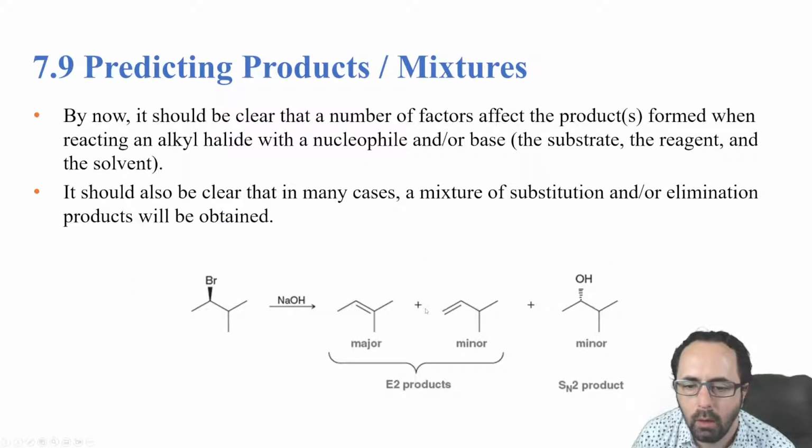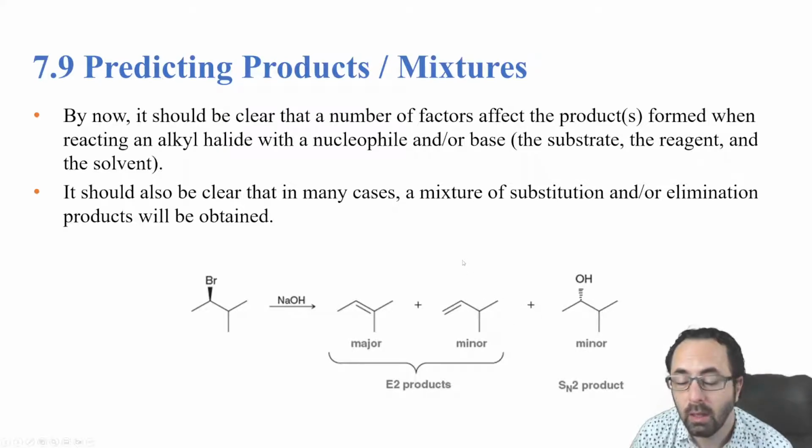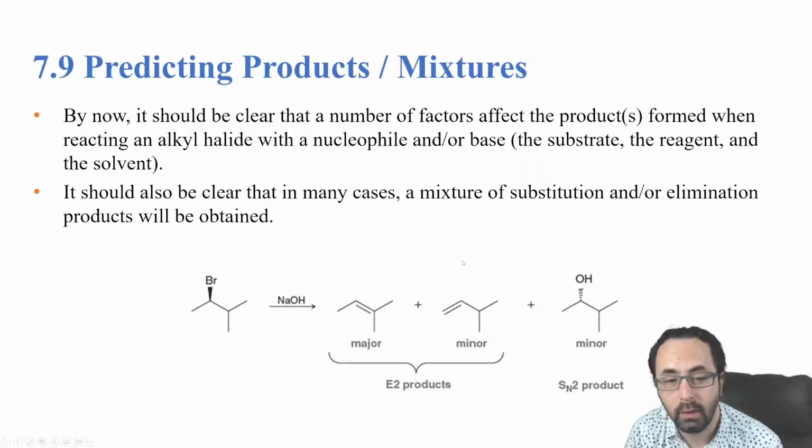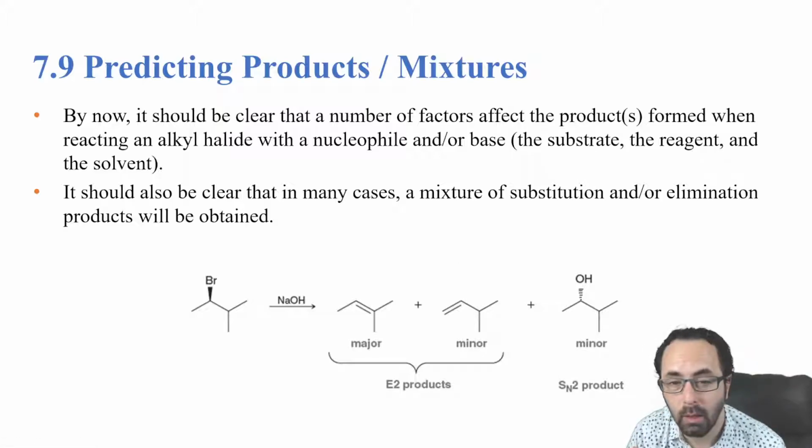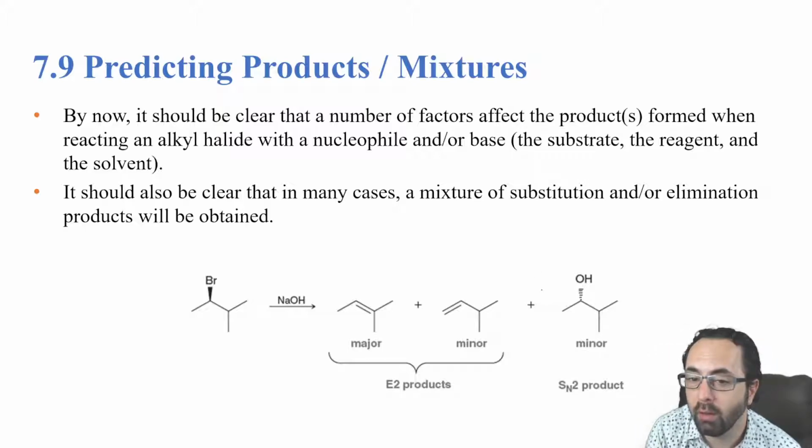So now we've seen 4 different potential mechanisms: E2, SN2, E1, SN1. The last part of our lesson is going to be about trying to figure out which one of these reactions will occur. And we're going to evaluate that based on all of the various aspects that we've discussed. The substrate, meaning whether it's primary, secondary, tertiary.